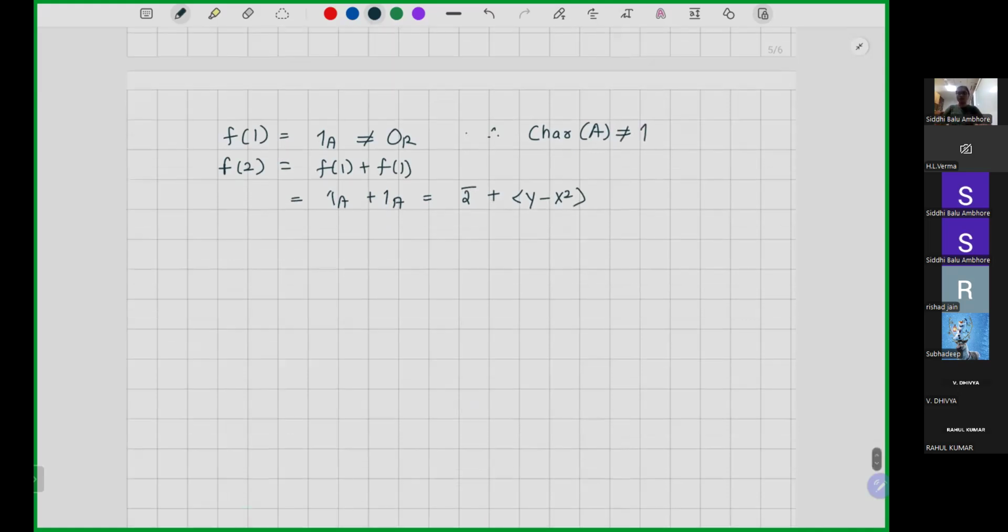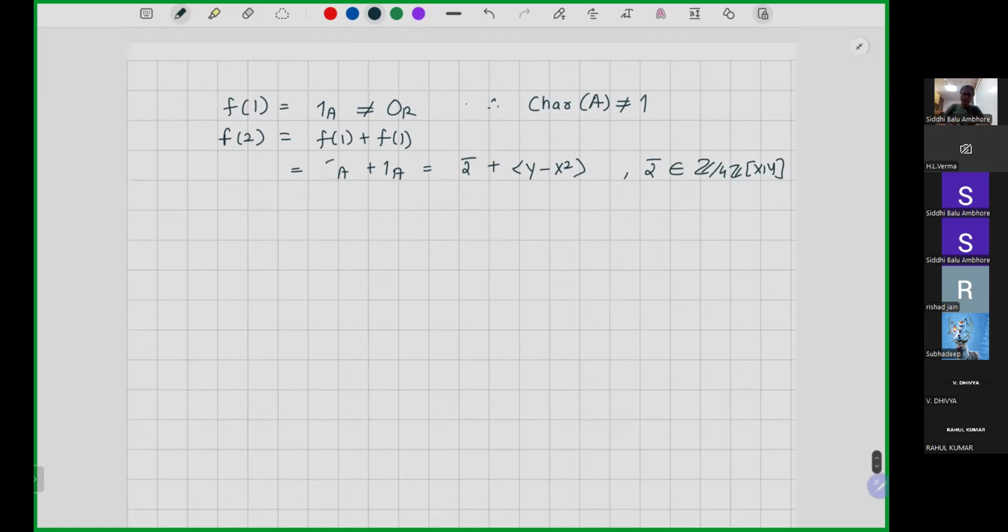So this 2 bar is in Z mod 4Z, x comma y. This is the expression for how we write elements in a quotient ring.